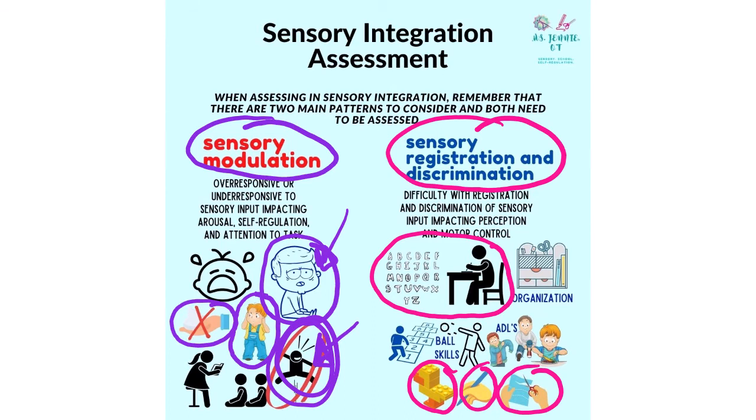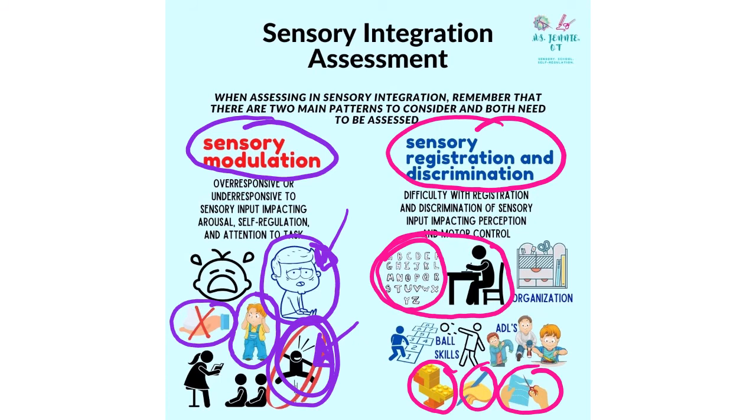In addition, it can impact just their general motor planning, so their ability to copy letters, where you have difficulty with visual perception and tactile perception, which causes difficulty with copying letters.